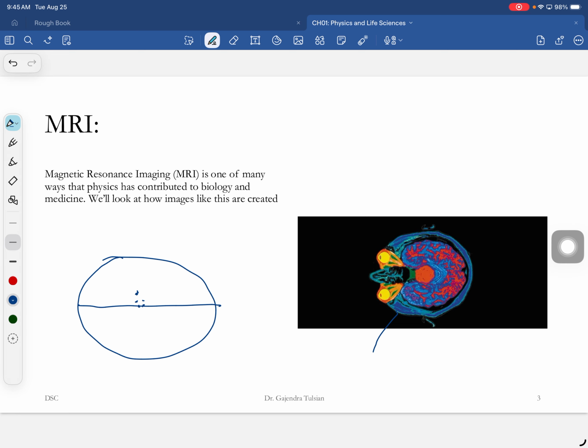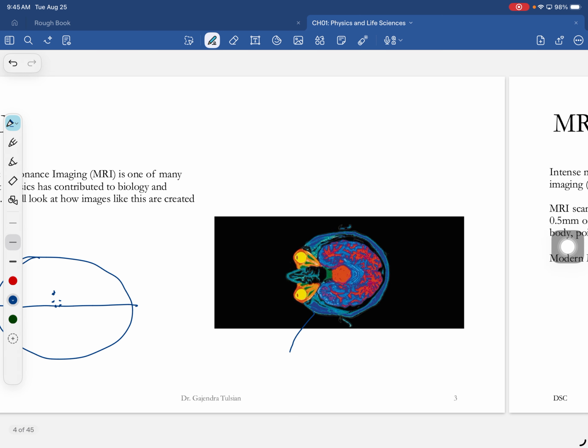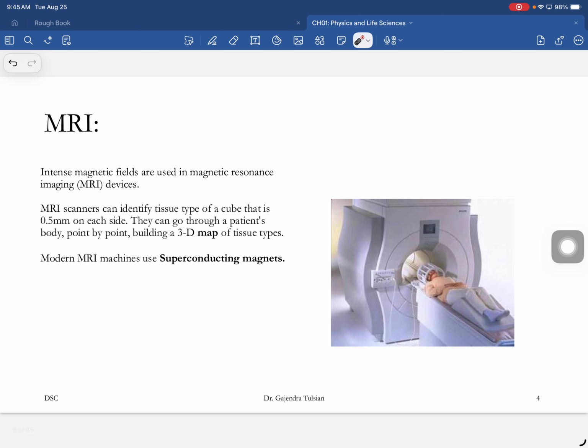In this room there's a magnetic field, the Earth's magnetic field. And in the MRI machine there's a very strong magnetic field, about 10,000 times stronger than in this room. The magnetic field in this room is about 0.5 times 10 to the minus 4 Tesla, roughly 1/10,000th of a Tesla.